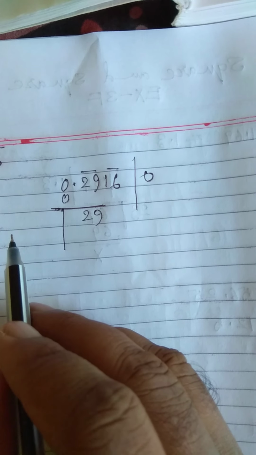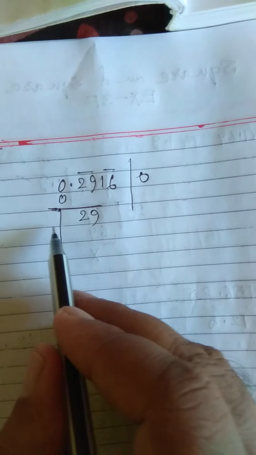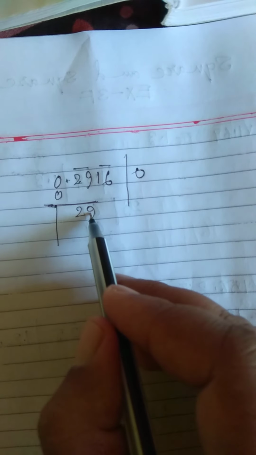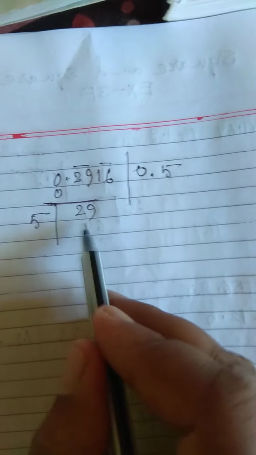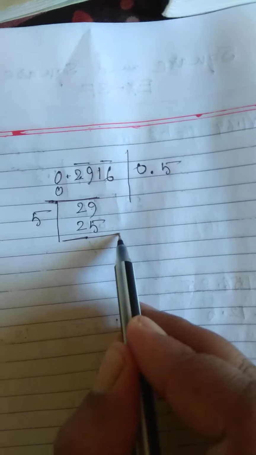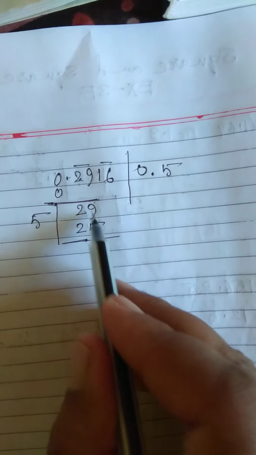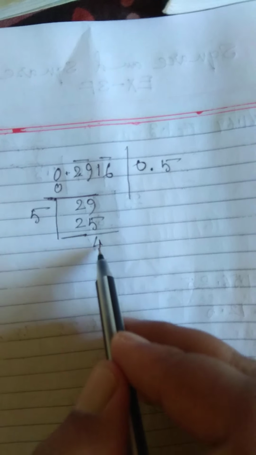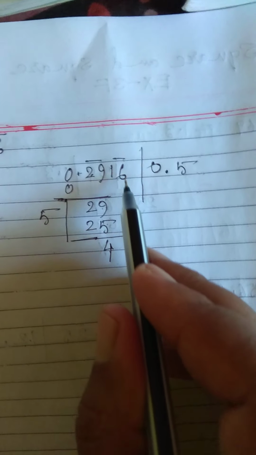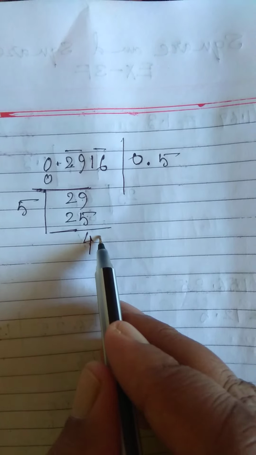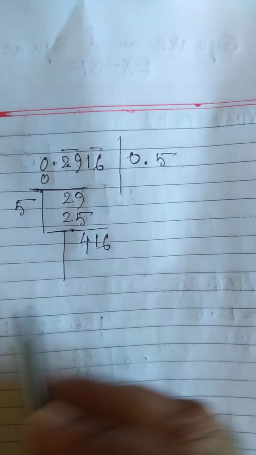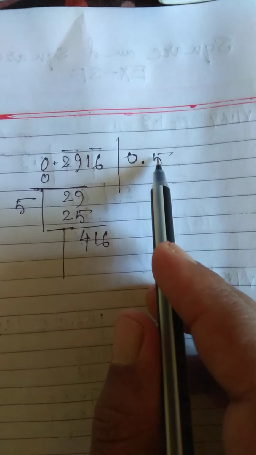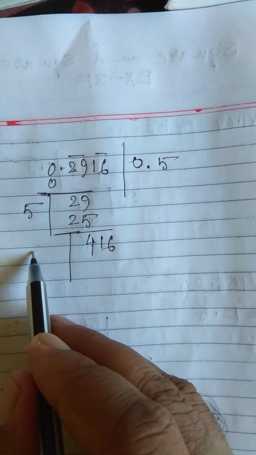And then 5 5 is 25, and after decimal 29 comes down, so point is there. So 5 5 is 25. Then 29 minus 25, 9 minus 5, 4, and second pair 16 comes down here. Now number is 416, and at the same time 2 times of 5 is 10.